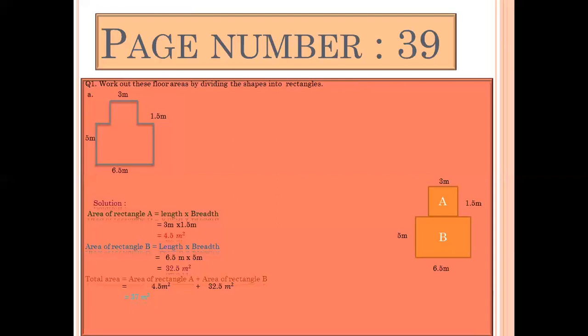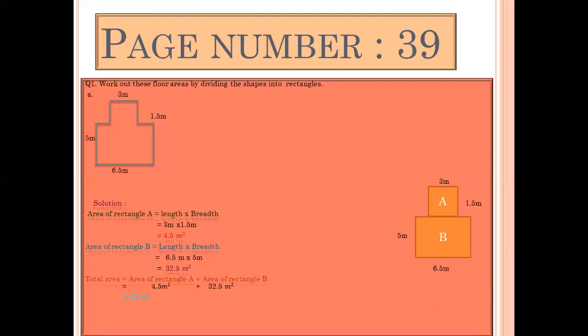Again we apply the formula, area of rectangle B, length multiplied by breadth, 6.5 multiplied by 5. And our answer is 32.5 meters square.